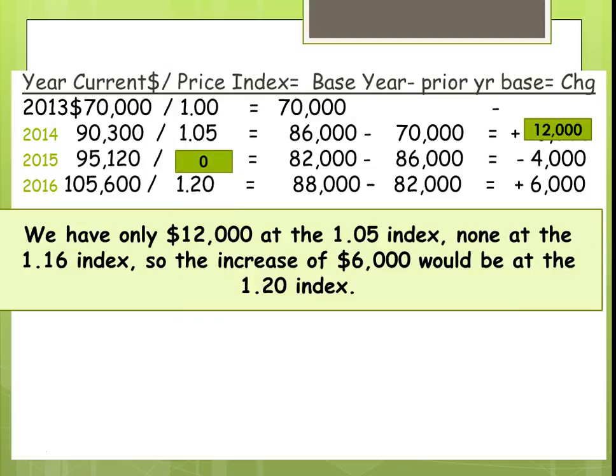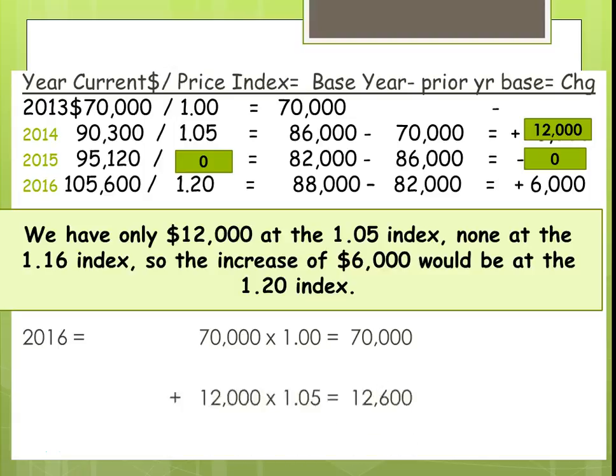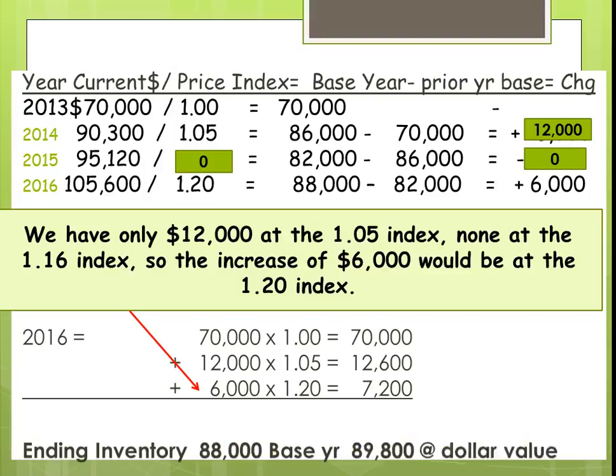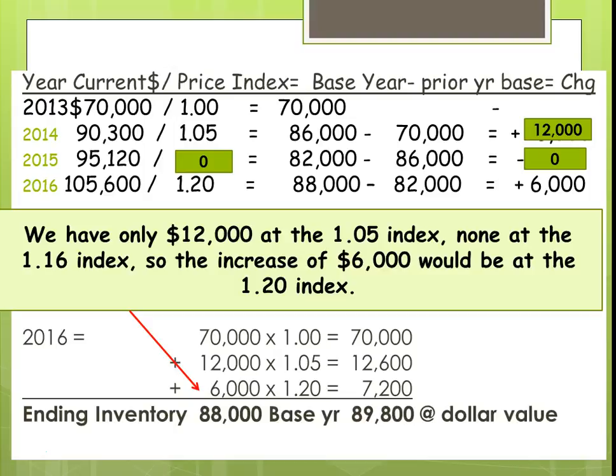So now we can do our estimate of year-end inventory using dollar value LIFO. We're going to get 12,000 at 1.05 and 6,000 at 1.2, giving us a value of 89,800 versus currently 105,600.